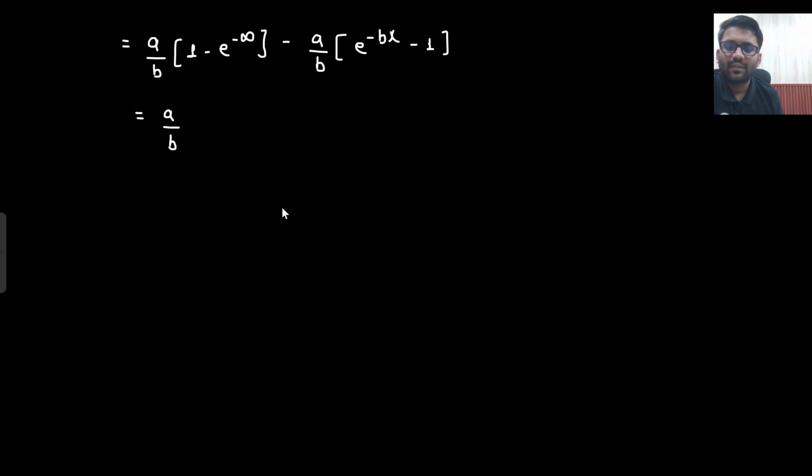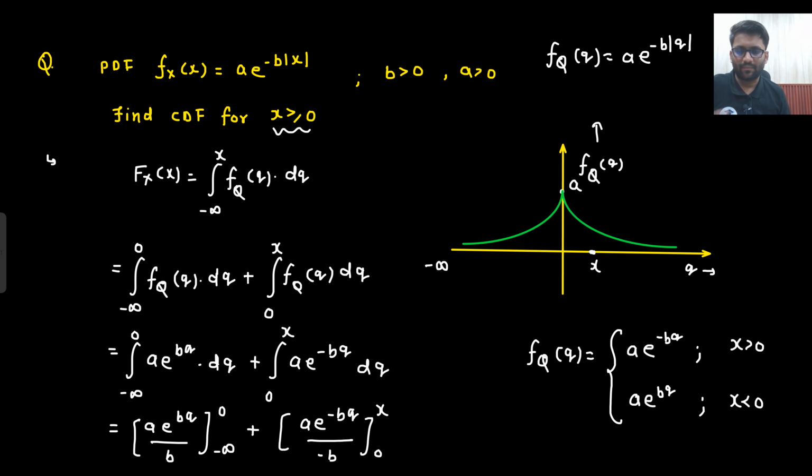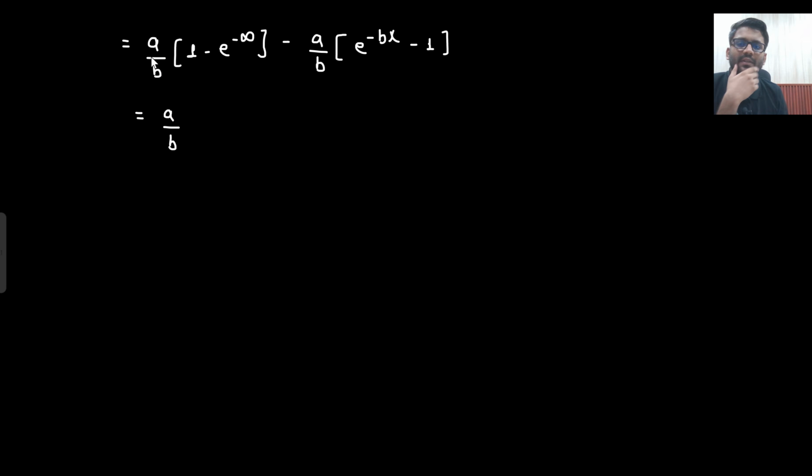The minus sign I took out, so here it will be a by b. Here what you are getting? A by b times e to the power minus bx minus 1. So this is the answer you are getting.